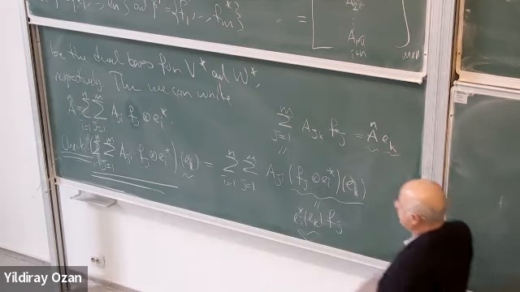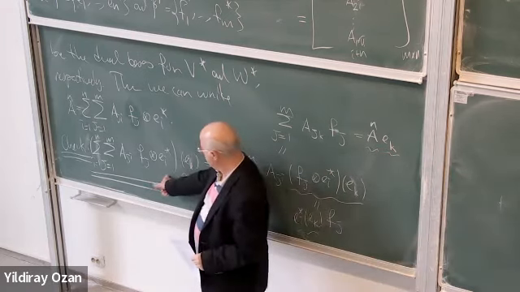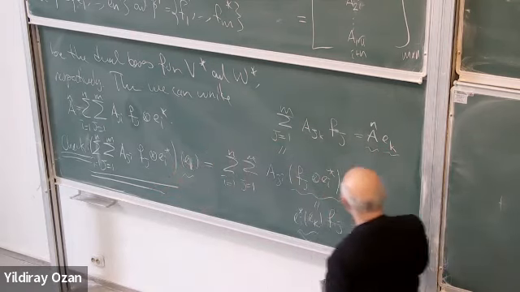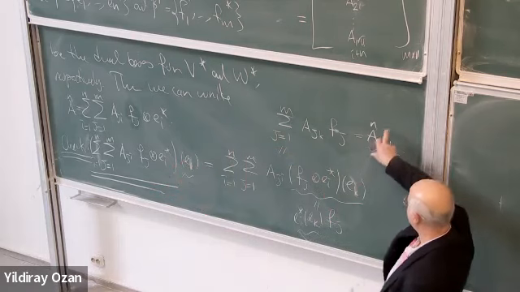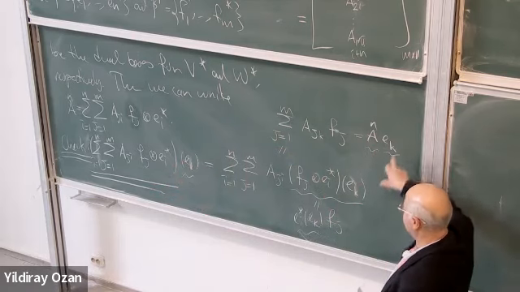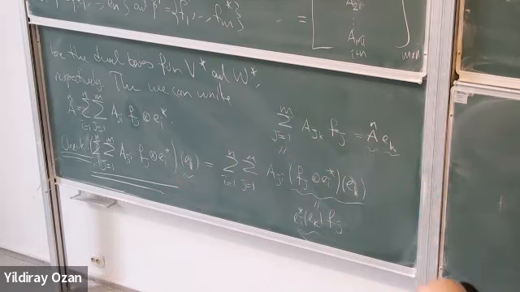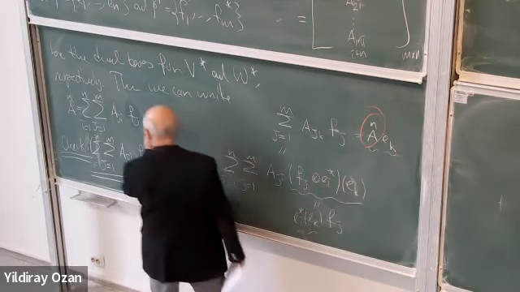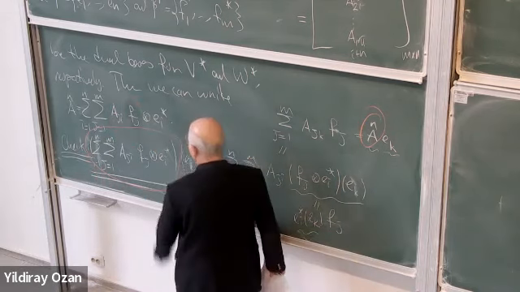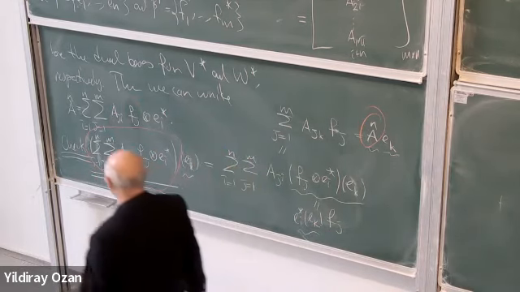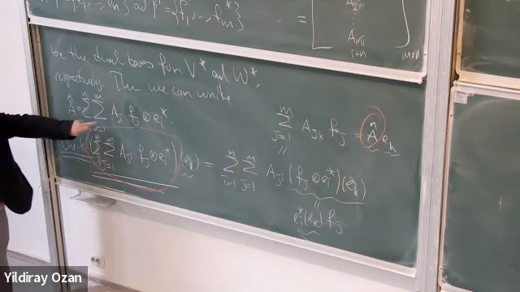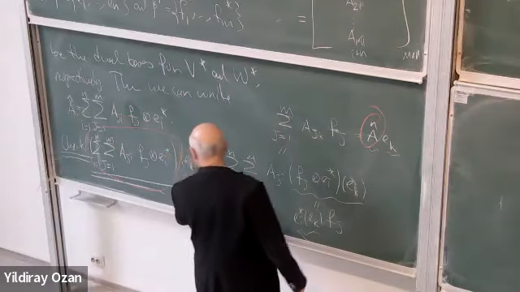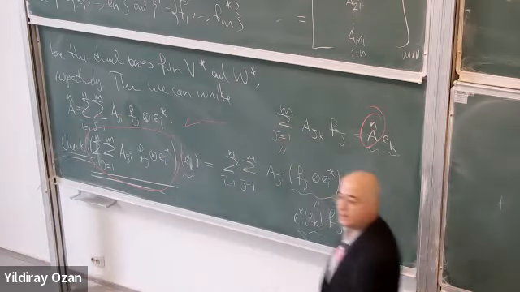This is a linear map: you apply it to the basis element e_k, and what you get is just A applied to the same basis element. Therefore, this linear map and this linear map are the same. In other words, A is equal to this expression. Okay, so we checked this.